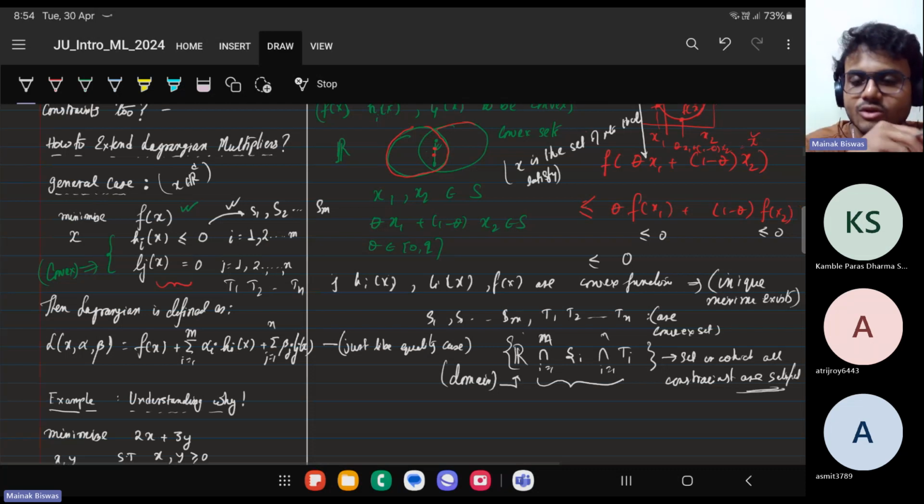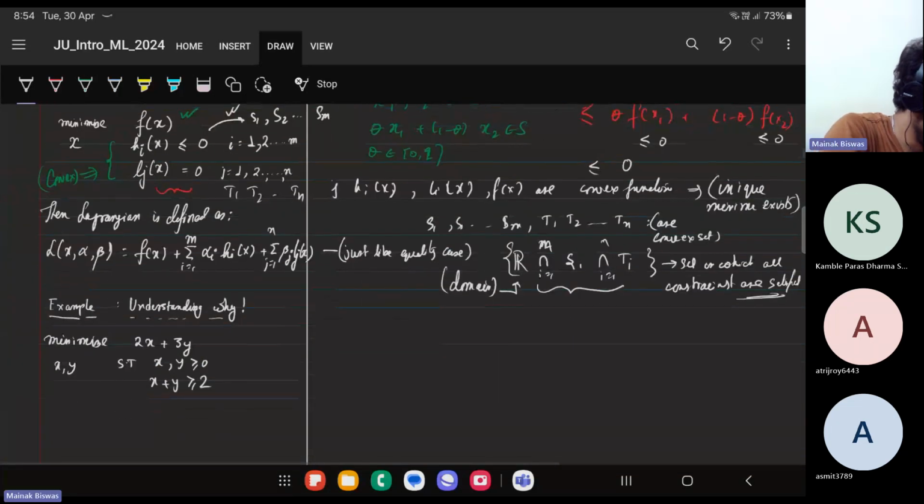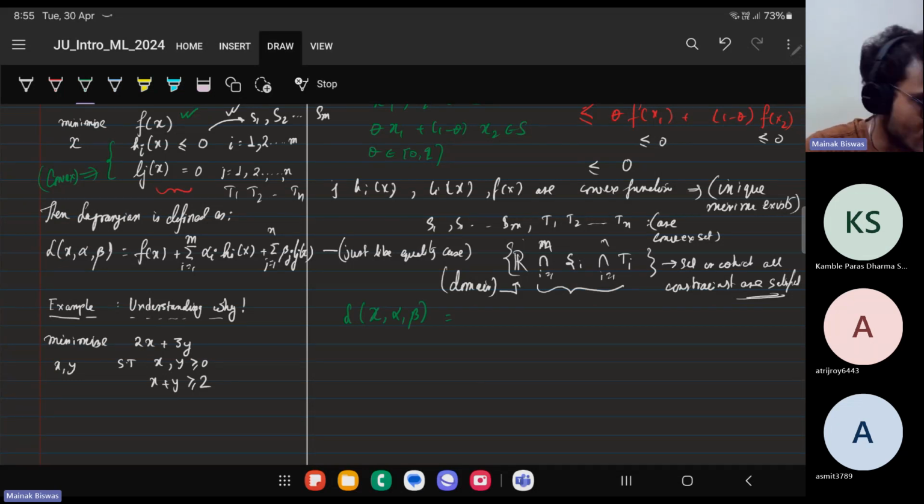So now, whatever you deal with mainly in machine learning and constraint optimization are all convex sets. So if they're convex sets, what can I do? Till now we were writing a single Lagrangian, right? But now you have so many constraints. What will I do?